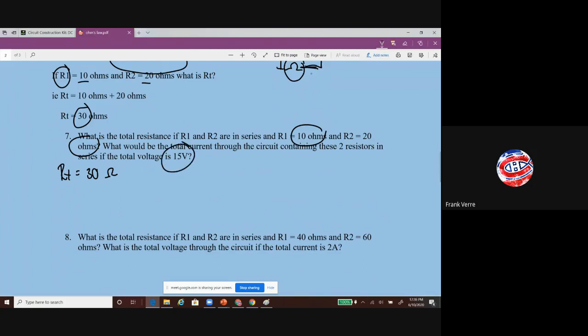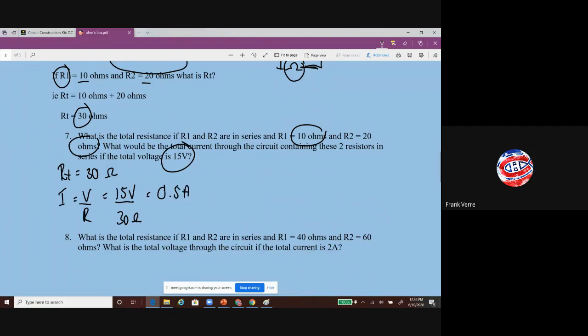Well, remember, current is V over R. So the voltage of the total system, I mean the battery, is producing about 15 volts. The total resistance is 30 ohms. So then the current is 0.5 amps.